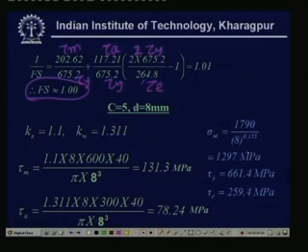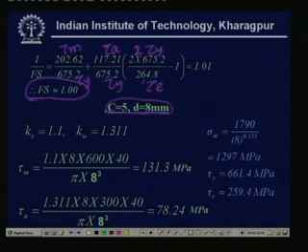So, we take up the next iteration where we consider C equals 5 and D equals 8 mm. This choice is obvious because C 7 and D 6 will give more stress on the wire, and the factor of safety will again decrease.